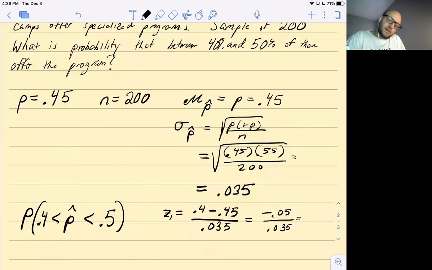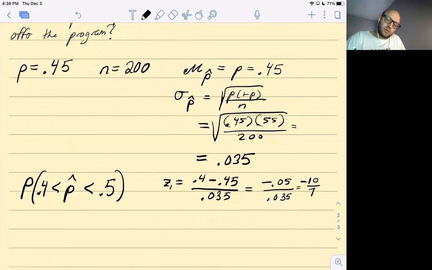And this simplifies as 50 over 35, which is 10 over 7, but negative. You can just plug it into the calculator also. Negative 10 over 7 is negative 1.42.